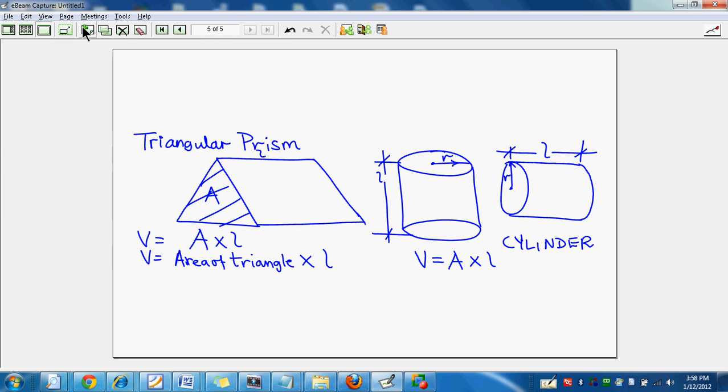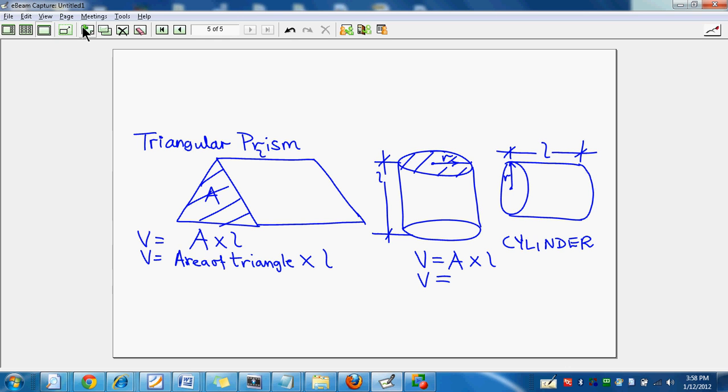In this particular prism, which is the cylinder, the area will be that of a circle. And the area of a circle is given by pi r squared.